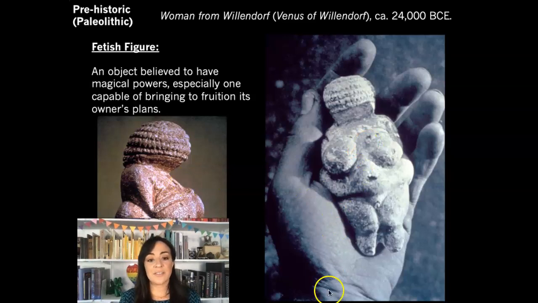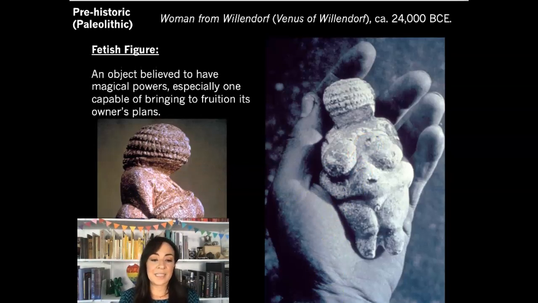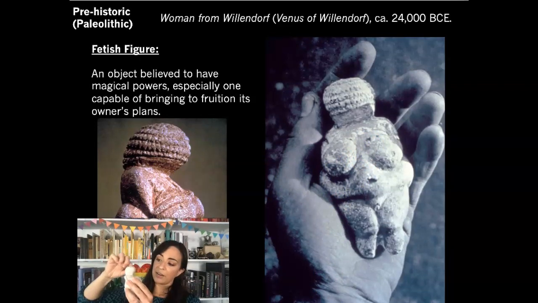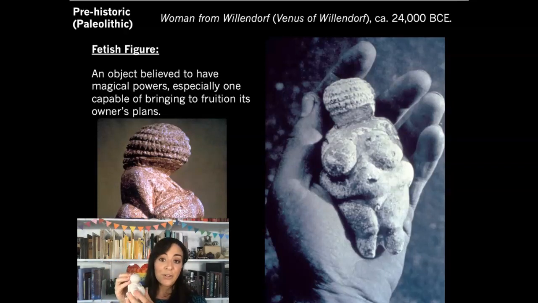Now, archaeologists have suggested perhaps the texture of her hair, her head. Maybe that is hair. Maybe it's braids. Maybe it's curls. What we don't have from the Paleolithic is any evidence of textiles, of woven things. That doesn't mean it never existed. It's just that we don't have any evidence.